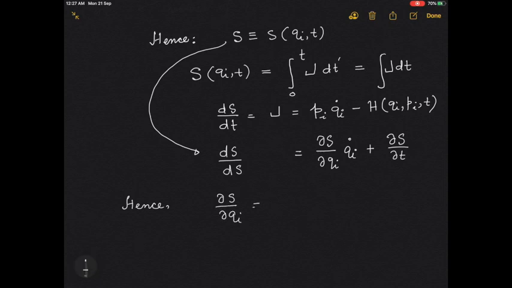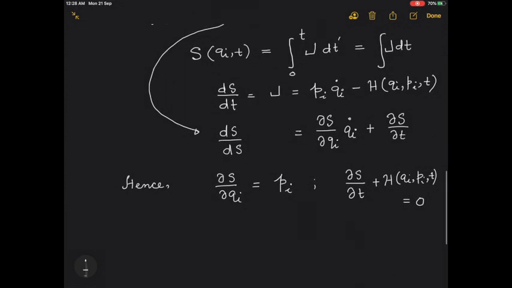We identify that del S del qi is nothing but my pi, just identifying the coefficients of qi dot from the two equations of dS/dt. And I also get del S del t plus H, which is a function of qi, pi, and t, equals 0.